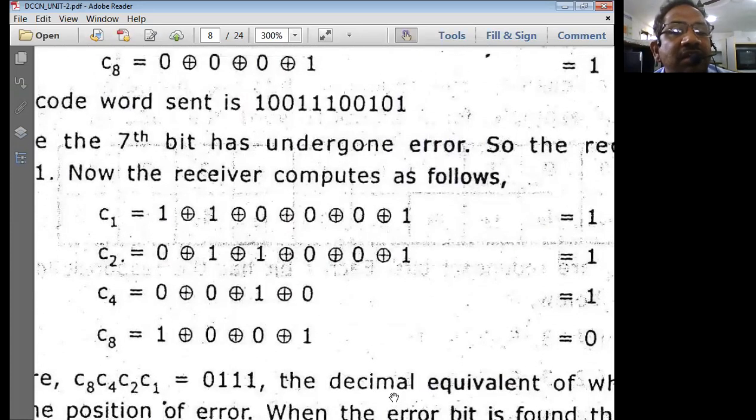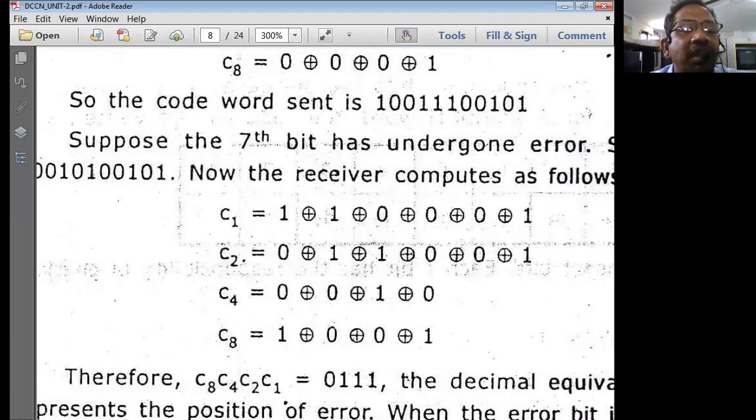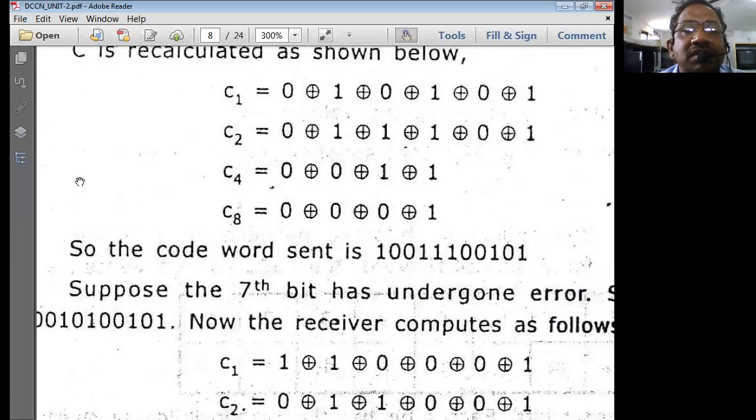So let us imagine that the seventh bit has undergone an error. If the seventh bit has undergone an error, it means in the data frame that we have, you make the seventh bit 0. That is 1, 2, 3, 4, 5, 6, seventh bit. The seventh bit earlier was 1. We made it equal to 0.